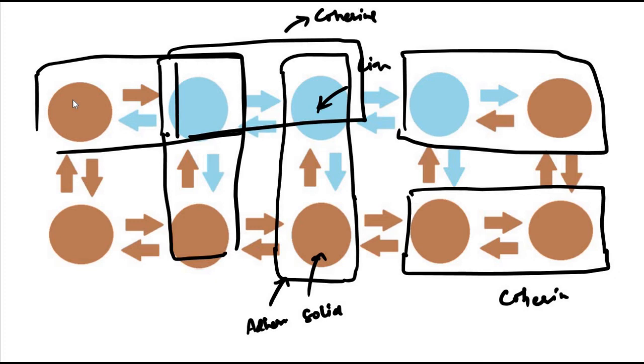So always understand, whenever there is force of attraction or interaction between molecules of the same kind of substance, be it solid-solid or liquid-liquid or gas-gas, it is always cohesive in nature.